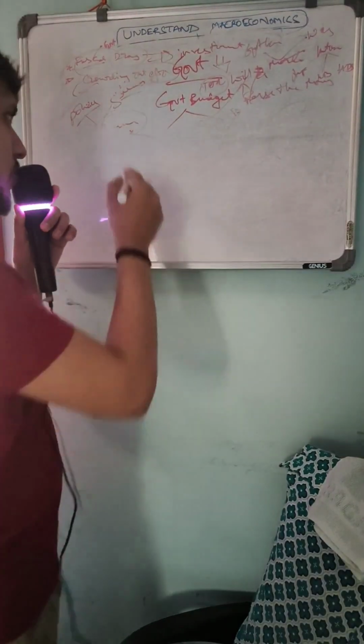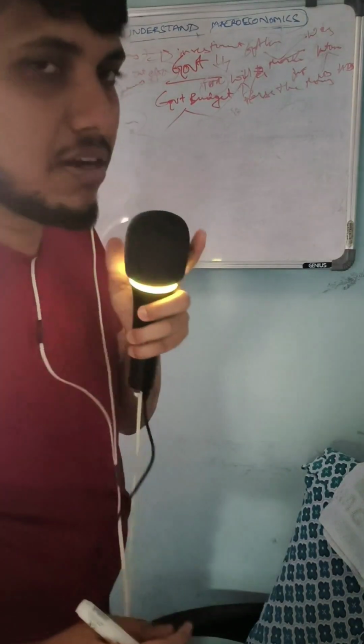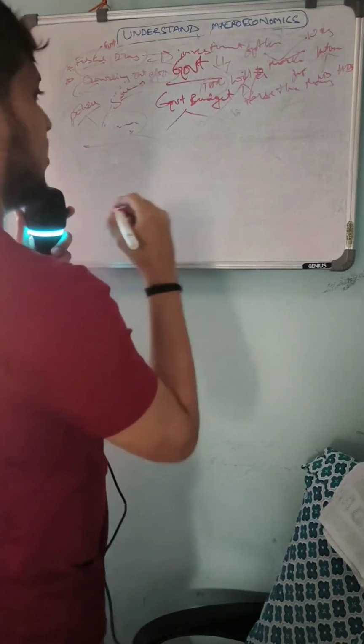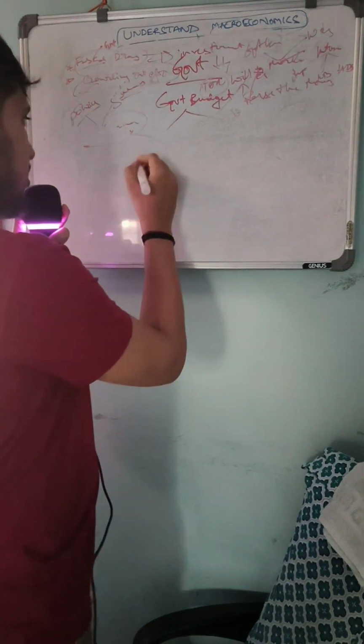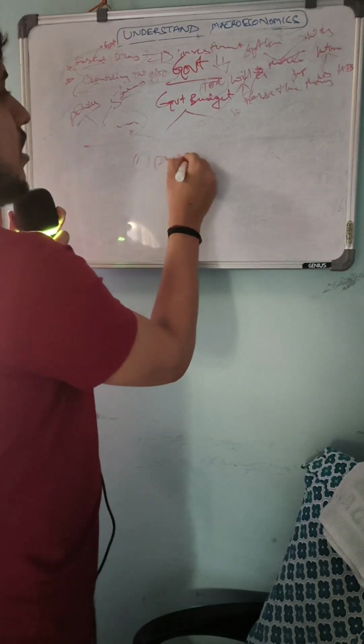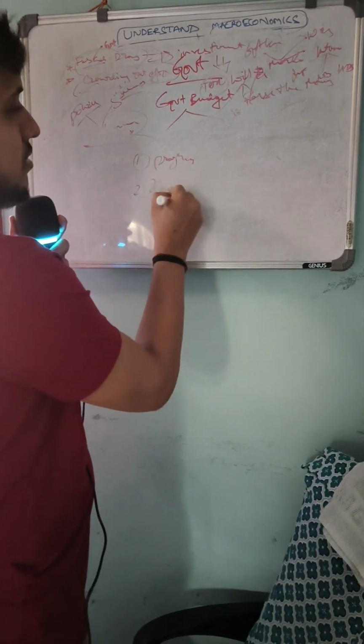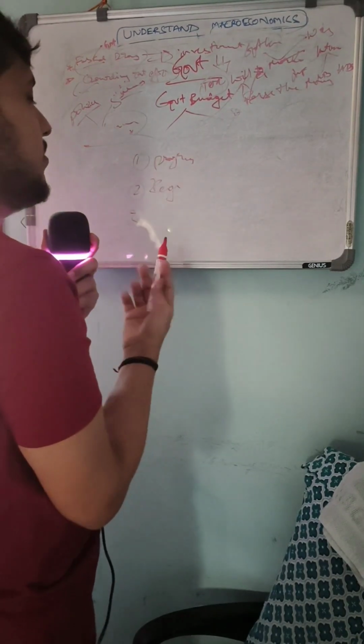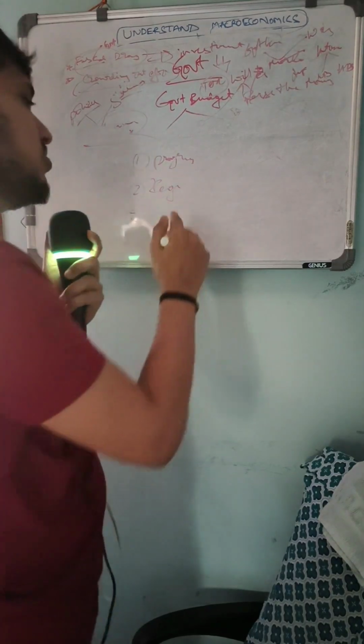And then let me discuss the different types of taxes based on income. One is progressive tax, another one is regressive tax, third one is proportional tax.